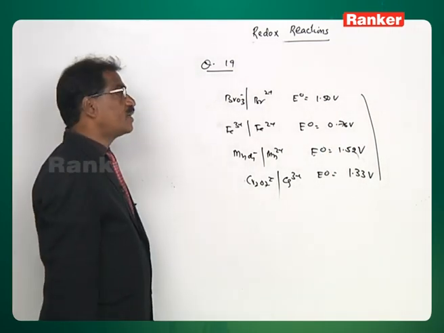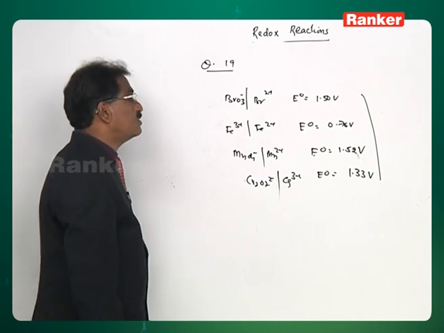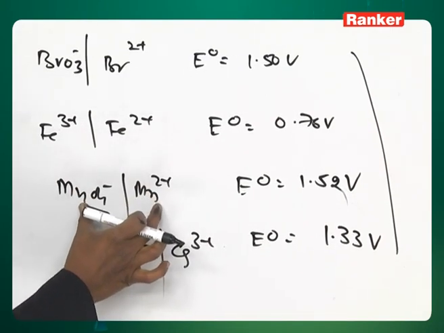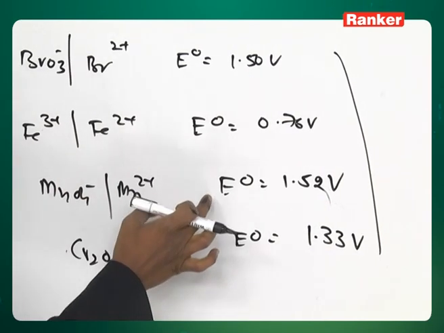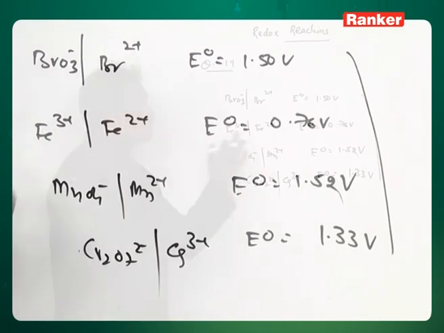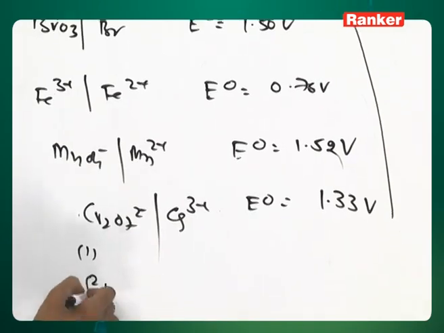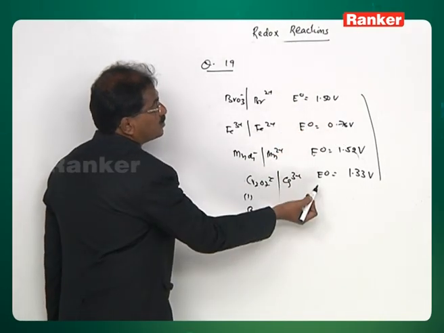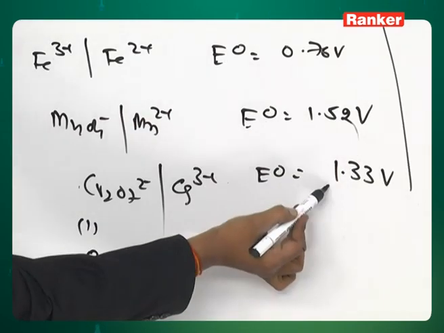Now based on reduction potential values, we have to identify the most powerful oxidizing agent. If any species wants to act as the oxidizing agent, its reduction potential must be more than the other species with which it is reacting. That is one point. Next, the second point is, among the given species, if you want to select the most powerful oxidizing agent, just compare the reduction potential values.